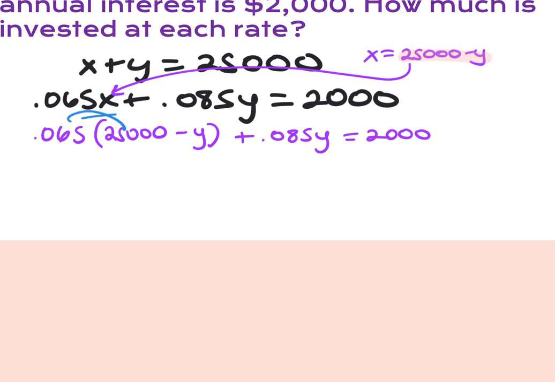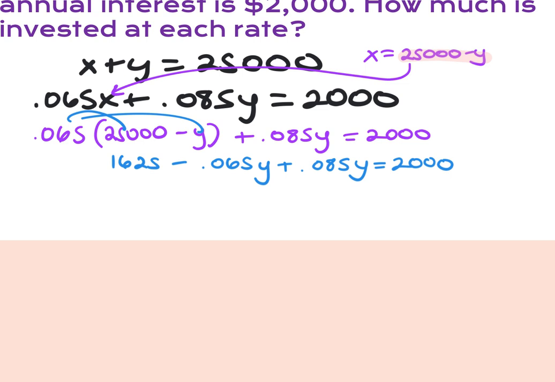Then I distribute here. So I'm going to multiply. I'm going to use my calculator because I didn't get rid of those decimals. 1625 minus 0.065Y plus 0.085Y equals 2,000. Combine your like terms here. 1625 plus 0.02Y equals 2,000.